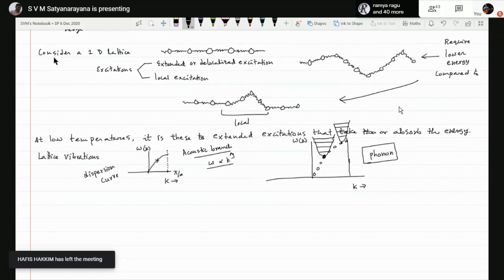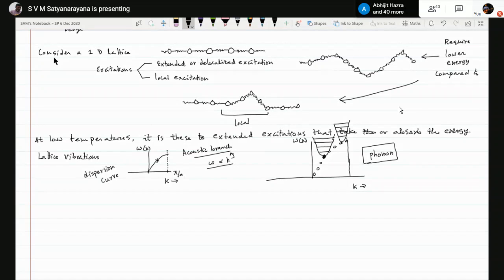So a phonon is an excitation corresponding to one of these allowed quantum mechanical energy levels of an allowed frequency in the acoustic branch or optic branch. In this particular case, I am talking about one branch. Whichever branch, you are going to have these quantum mechanical energy levels associated with it, and if you have an excitation which corresponds to that frequency, that is called a phonon.